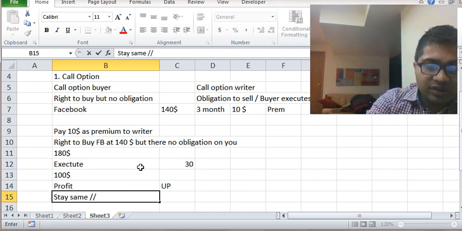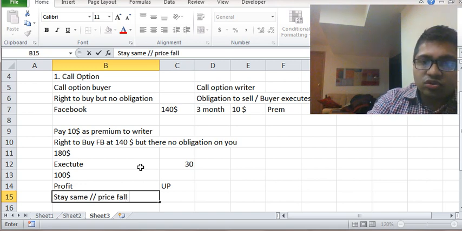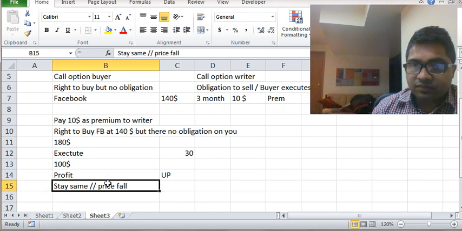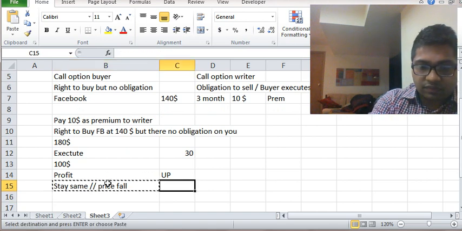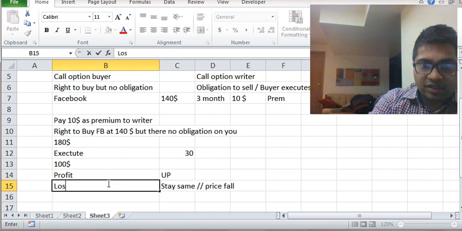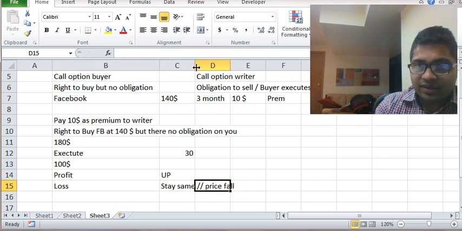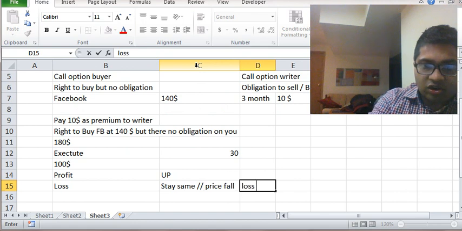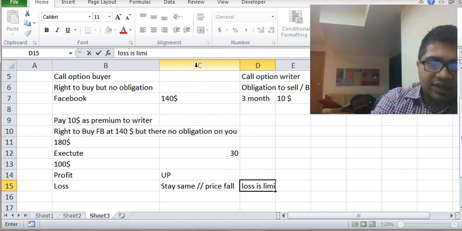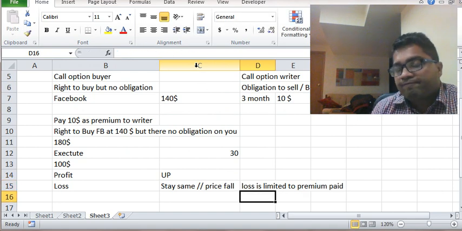Or if price falls, so there is a loss if price remains same or price falls. But the fun part is loss is limited to premium paid.